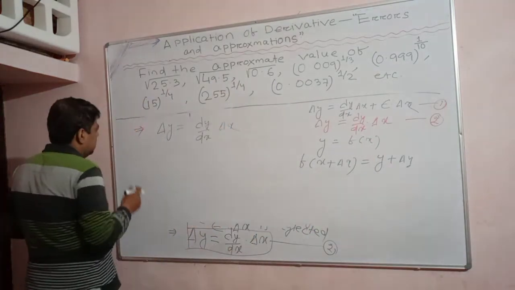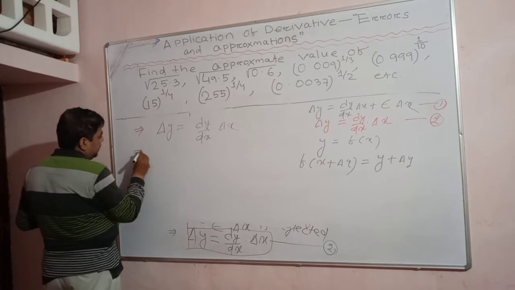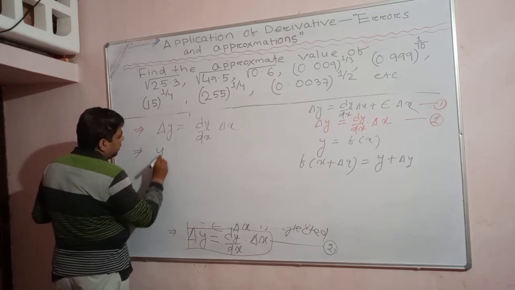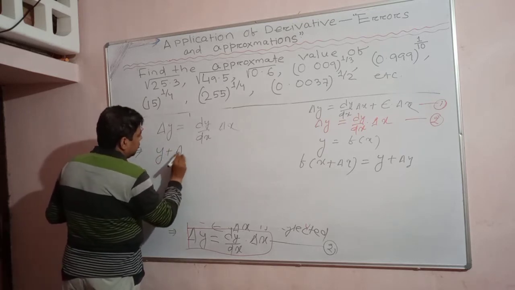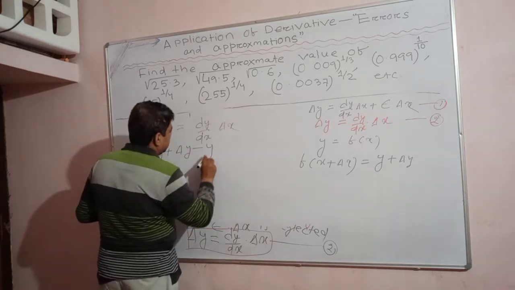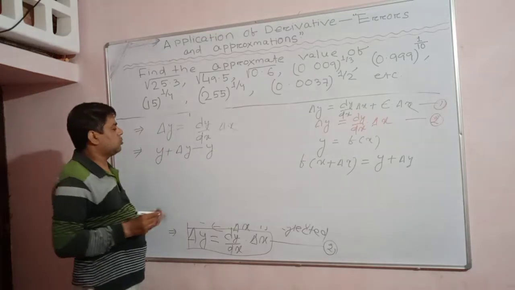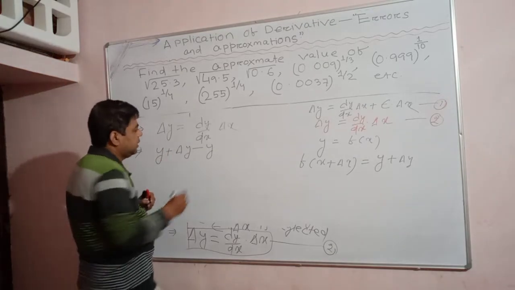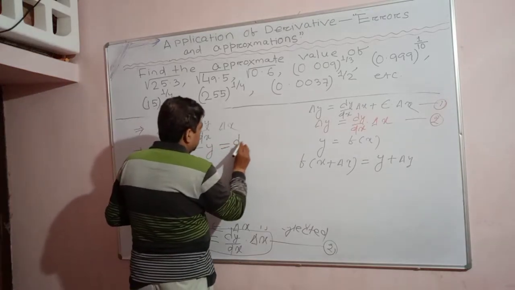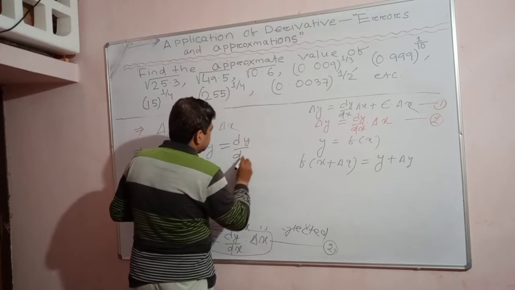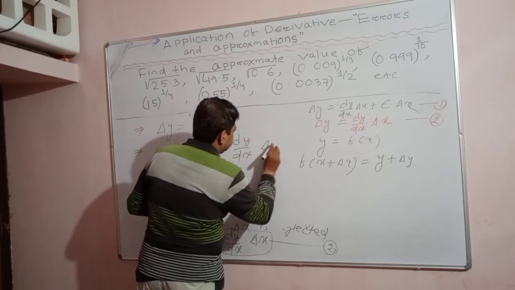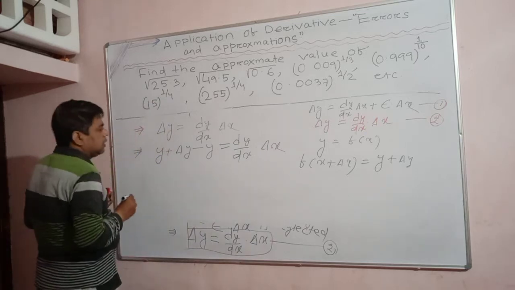Let us modify this sentence and write y plus del y minus y is equal to dy by dx into del x. Is it clear?